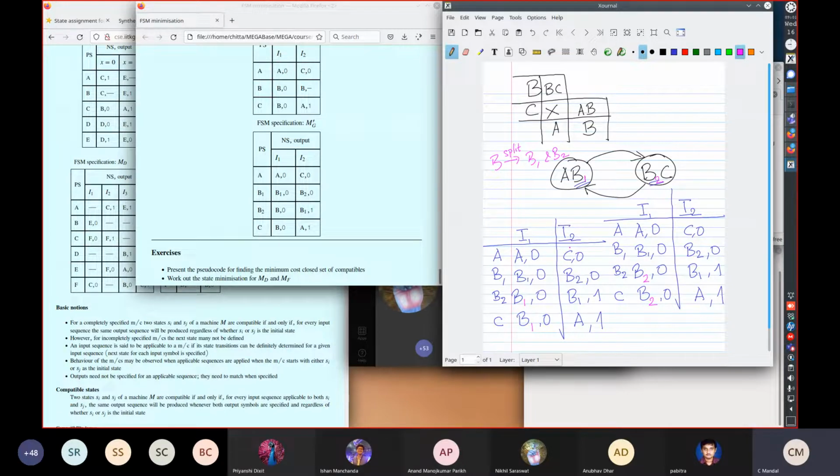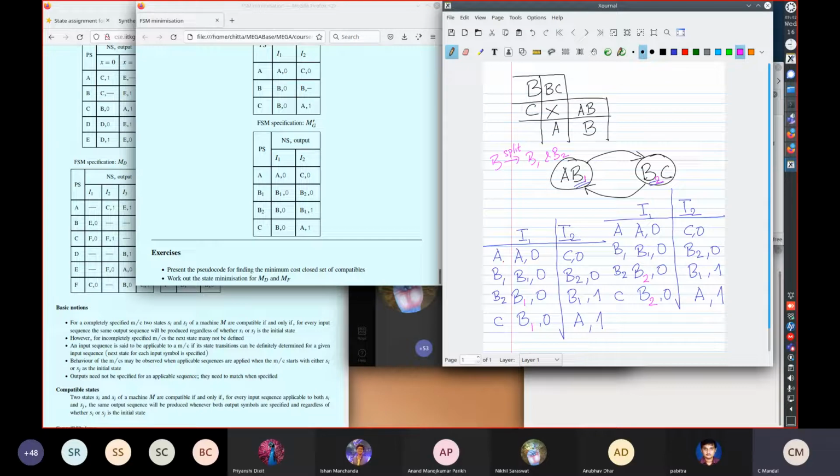Then you will need A to be compatible with B2. That's not going to happen. The way we have designed this machine, A will not be compatible with B2. As you can see, there is a conflict with this incarnation of B. So if you keep it as B1, then A can be compatible with B1.